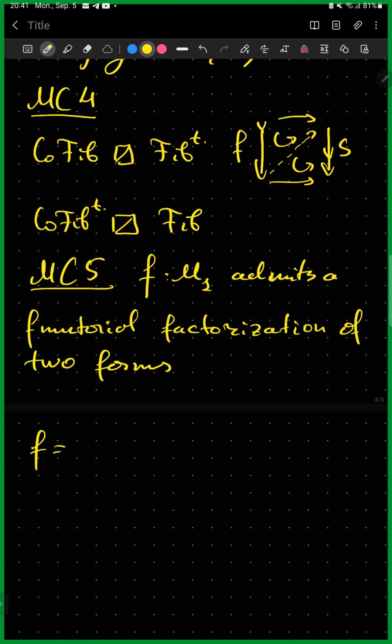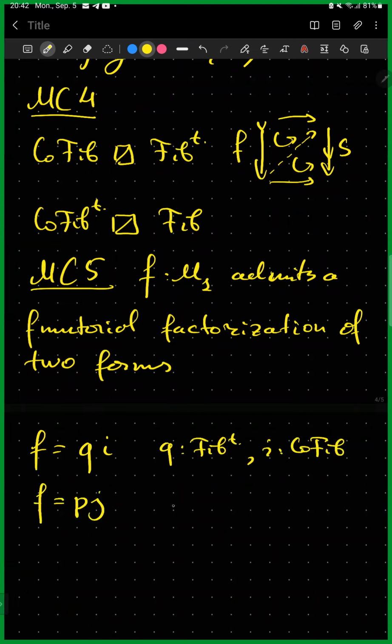So F could be represented as a composition Qi, where Q is a trivial fibration and i is some cofibration. And also F could be represented as Pj, where P is a fibration and j is a trivial cofibration.